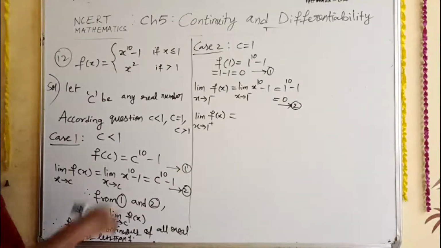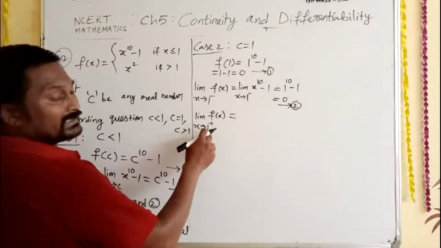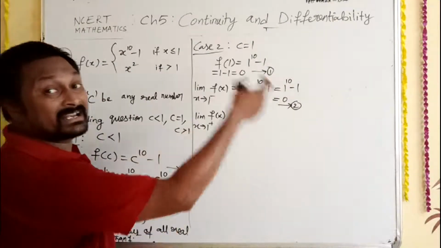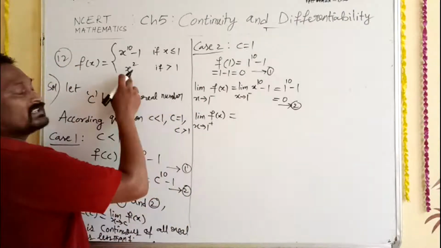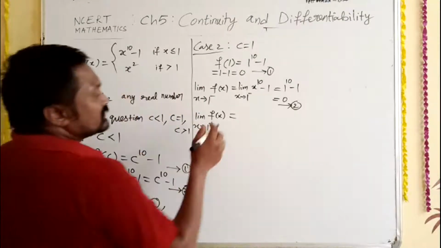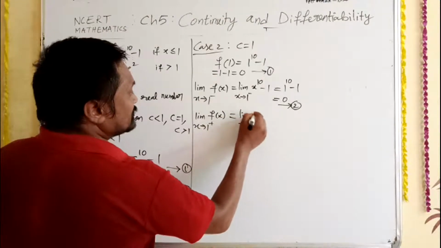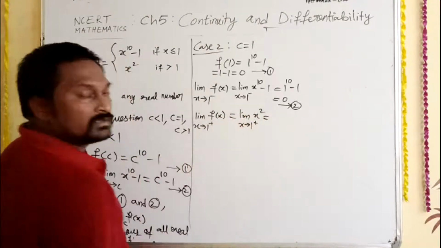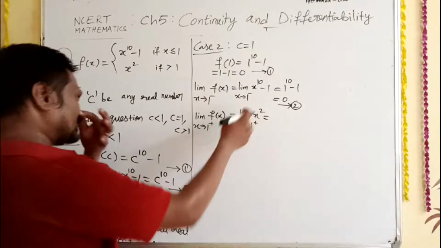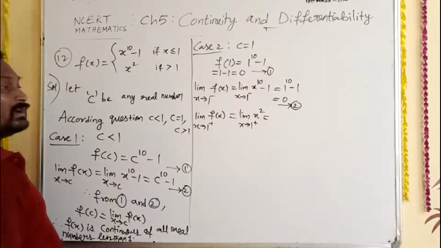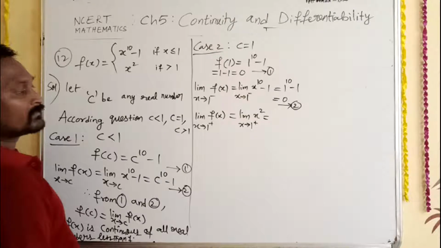Next, the third one: greater than 1, plus, is nothing but greater than 1. So greater than 1 means what is the formula? x square. So now we can write limit x tends to 1 plus of x square. Whenever you remove this, x tends to 1 plus.